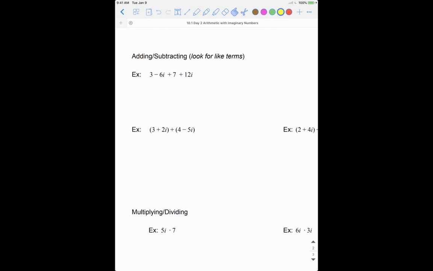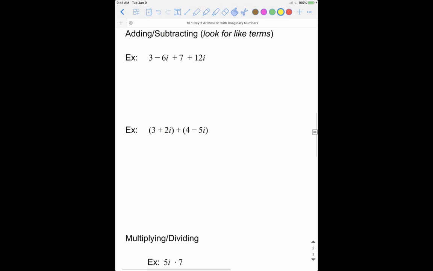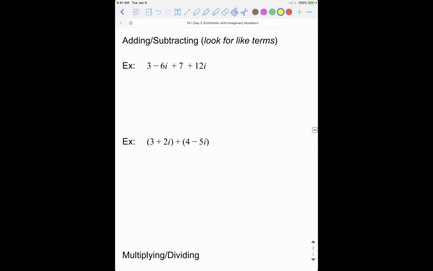This should look pretty familiar, although instead of x's, now we have i's. So we've got to think about what we should do when we have i's. This goes back quite a long time, thinking about adding and subtracting like terms, right? So a keyword here is like terms.